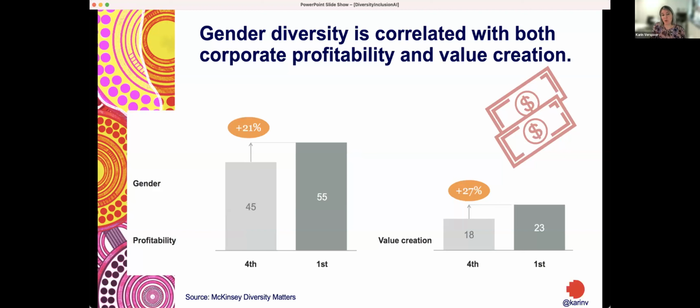And I wanted to make the point, and this has been very well studied for gender diversity, that there's clear evidence that in embracing diversity, even setting aside the AI context, gender diversity is correlated with both corporate profitability and value creation. And why is this?